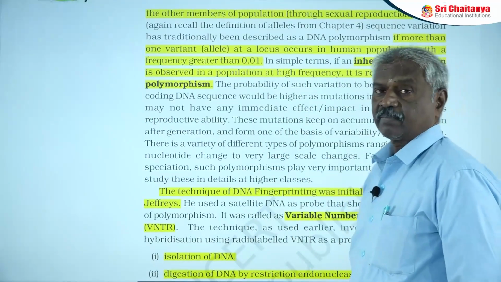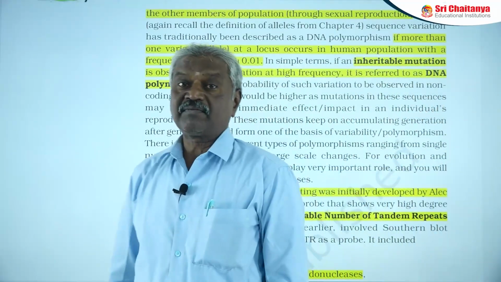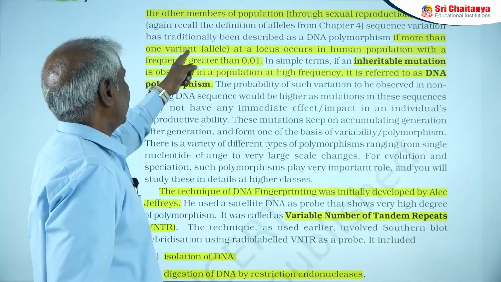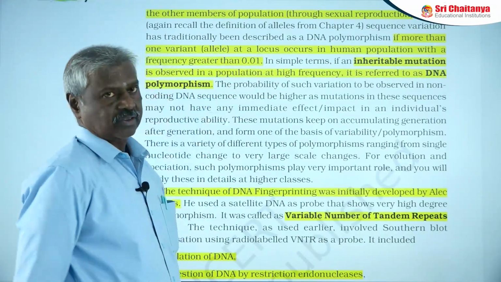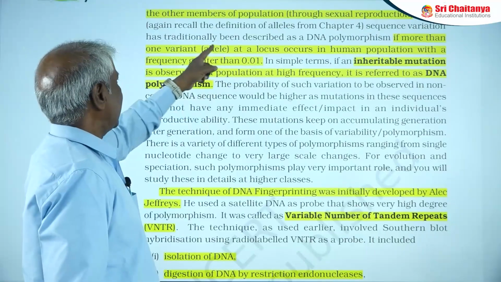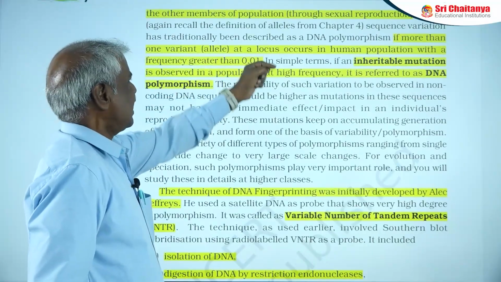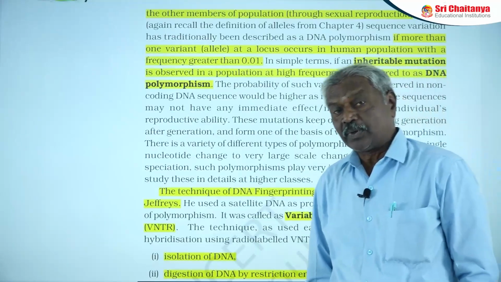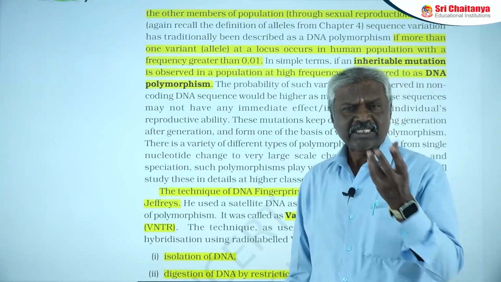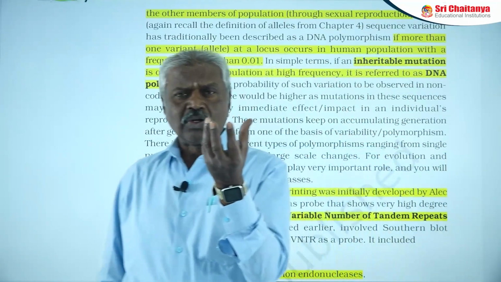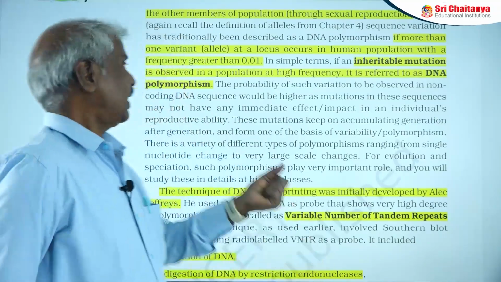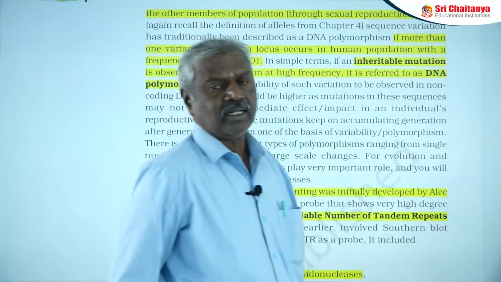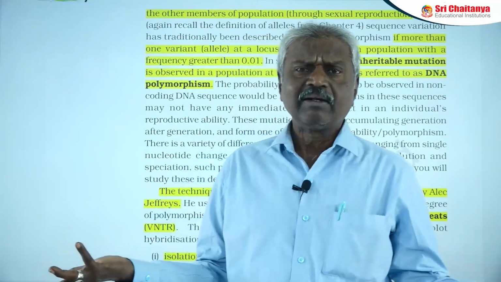Now the definitions are given for DNA polymorphism, very, very important. See, if more than one variant at a locus, variant means allele. If more than one allele at a locus occurs in the human population with a frequency greater than 0.01, there is a polymorphism. 0.01 means 1 in 100.